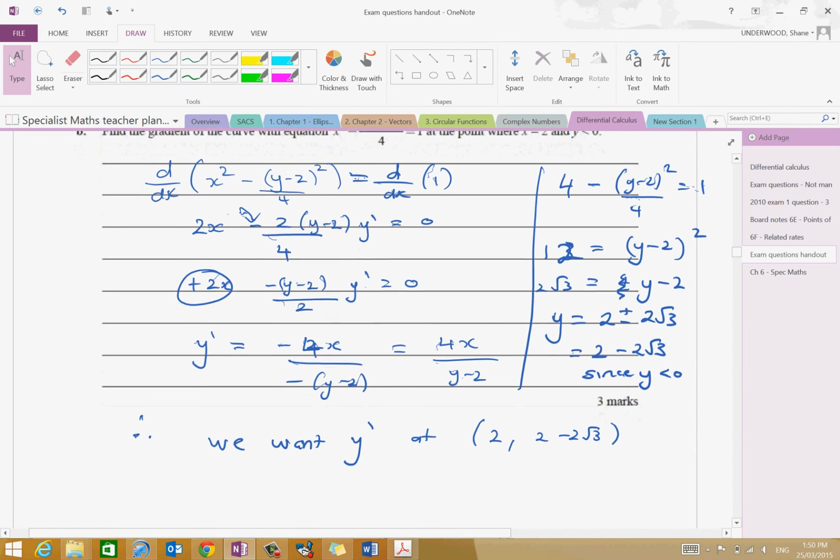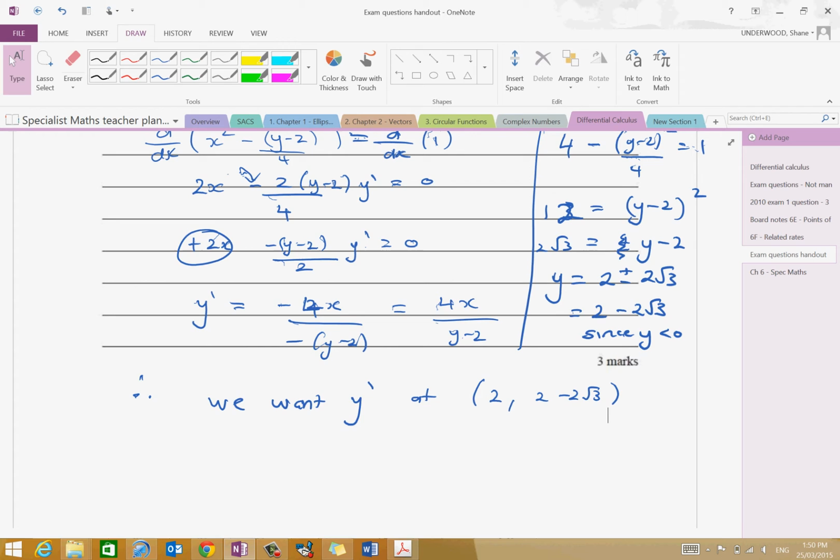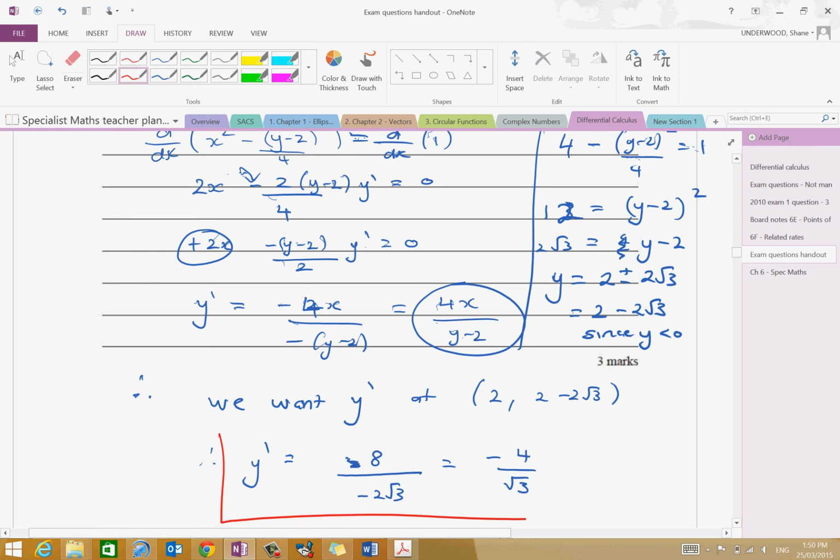So I'm going to plug that into this. Therefore y dash is equal to minus 8 over minus (y minus 2), so we've got 8 over 2 minus 2 root 3, which is equal to minus 4 on root 3. You don't need to rationalise or anything. That's your answer. Awesome. Sweet. Well, I'm going to stop there.